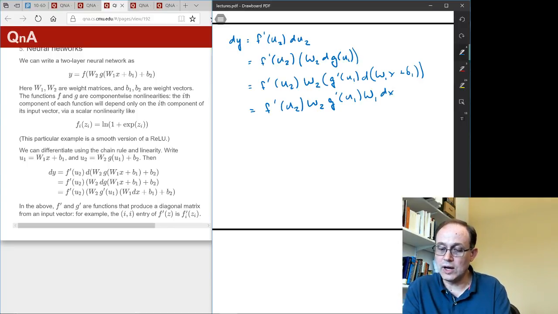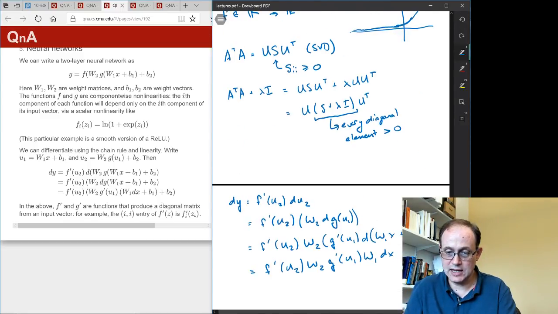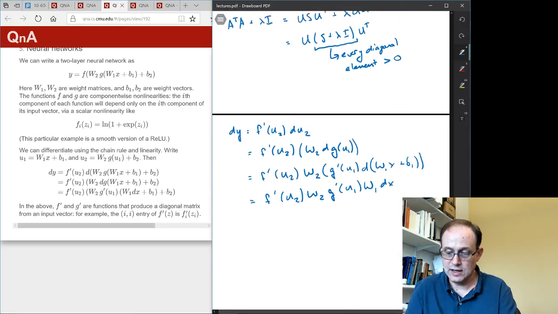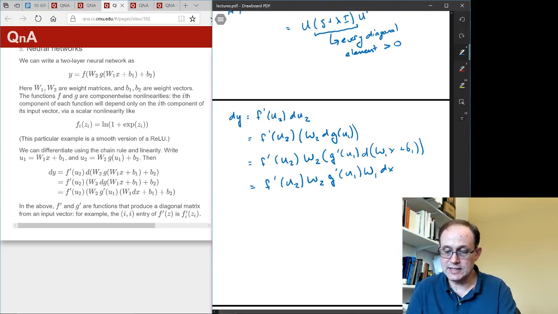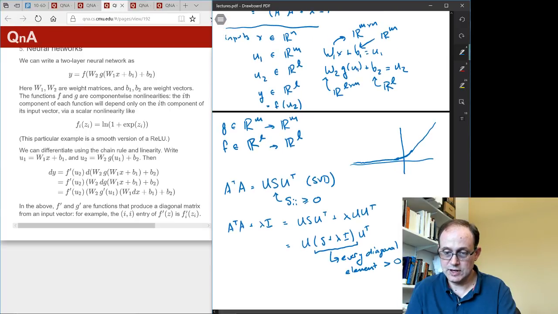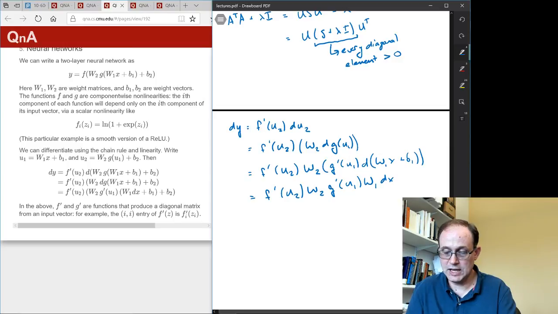And so dx is the same shape as x. So that means that, going back up here, it's a vector in Rn. W1 is an m by n matrix, right? We've got that here, so we can multiply that.